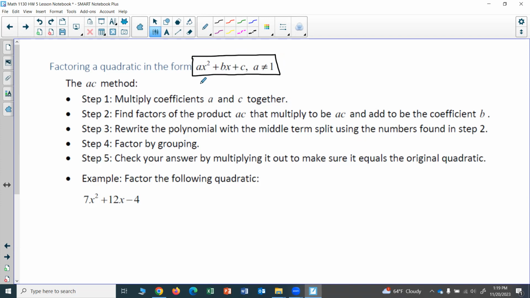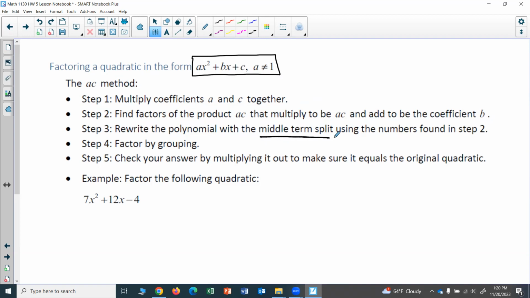When you're factoring a quadratic in this form, you can use what's called the AC method, where you multiply a and c together, find factors of the product AC that multiply to be AC and add to be the coefficient B. Then rewrite the polynomial with the middle term split using the numbers found in step 2.